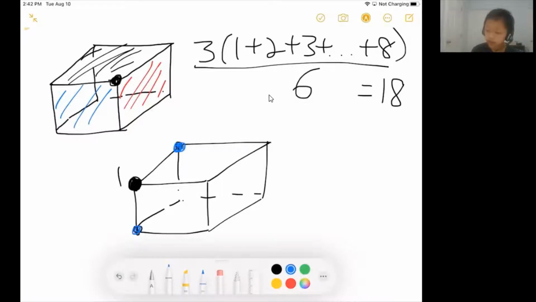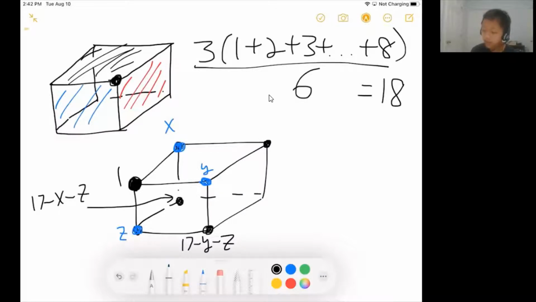Let's call them X, Y, and Z. Since we just found out that the sum of the numbers on each face is going to be 18, this number here is going to be 17 minus Y minus Z. This one here is going to be 17 minus X minus Z. And this one here is going to be 17 minus X minus Y. That's just because the sum of each face has to be 18.